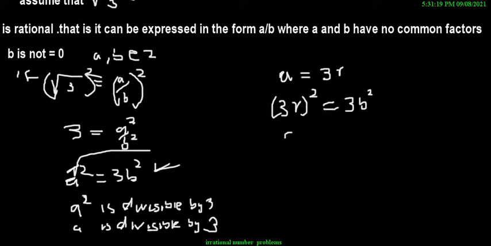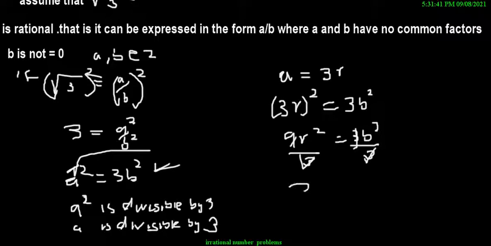When you substitute, it's going to be 9r squared is equal to 3b squared. So we divide by 3, and these two cancel out.